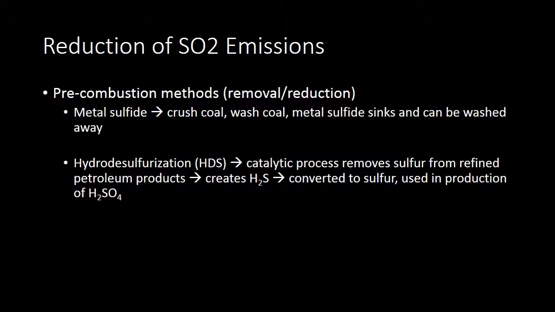And it's going to create H2S, or hydrogen sulfide. And then we can actually convert that directly back to sulfur, which can be used in the production of sulfuric acid, which, as we had talked about in topic 7, is one of the most heavily produced products in industry due to the multiple uses of sulfuric acid.